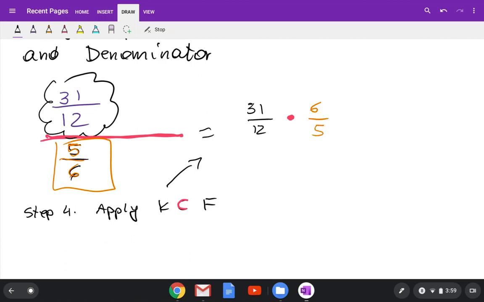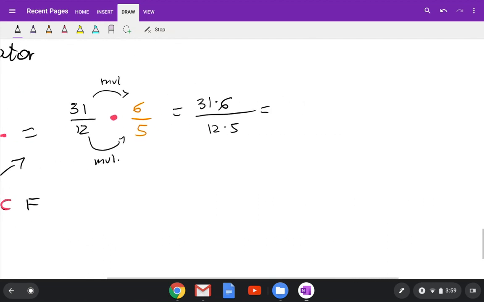You have fraction times fraction, so you multiply numerators and you multiply denominators. So you're getting 31 times 6 over 12 times 5. Factor, simplify, your fraction should be reduced. So to see that better, I'm going to keep 6 the way it is.